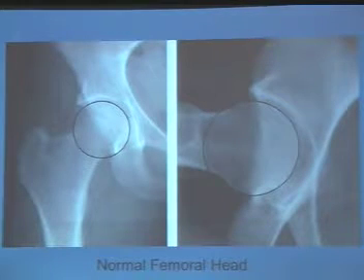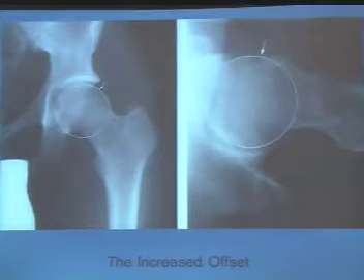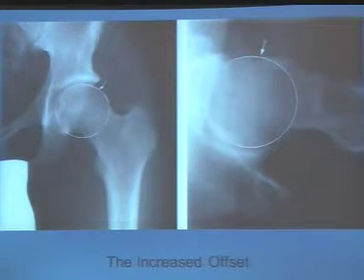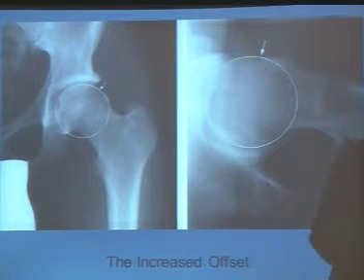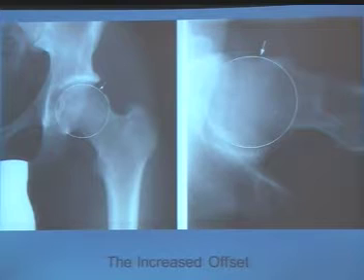The normal radiographs are quite good in demonstrating these lesions. So a normal head will adhere to the sphericity of the head, and even in the lateral view we will get a good spherical head, whereas if there is a cam kind of lesion, it can be easily demonstrated by an overgrowth at the head and neck junction in the AP, and most prominently on the lateral views.